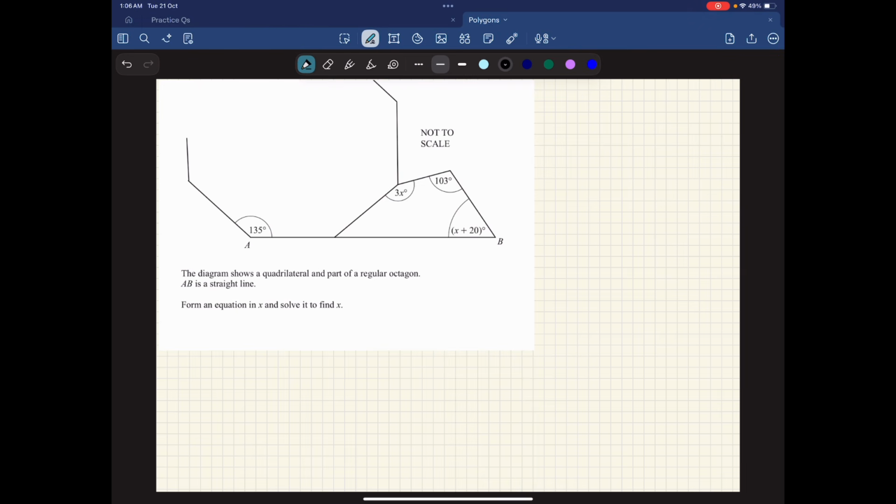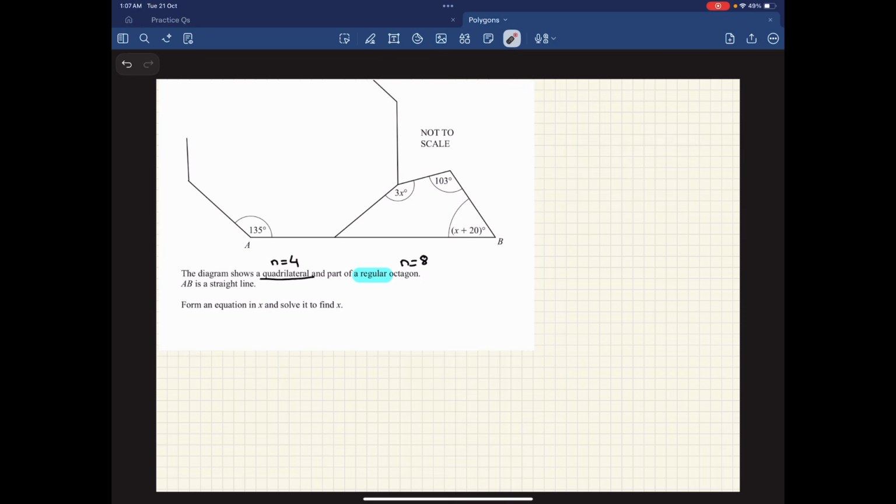Okay, so the diagram shows a quadrilateral and a part of a regular octagon. You're going to highlight regular here. Octagon means n is equal to 8. Quadrilateral means n is equal to 4. But see that they've not specified that the quadrilateral is a regular quadrilateral. So this means that these angles will be of different value.